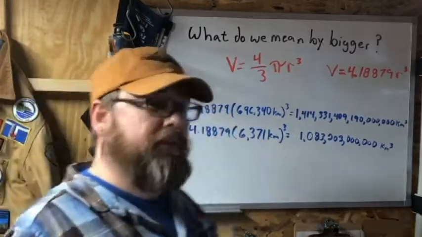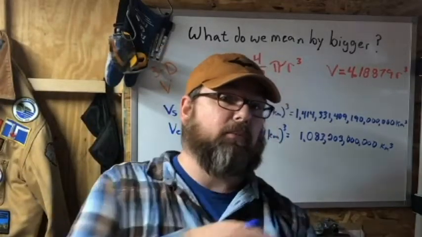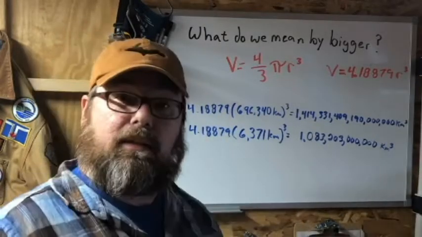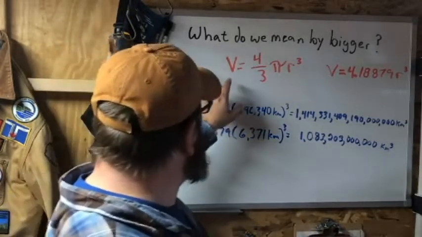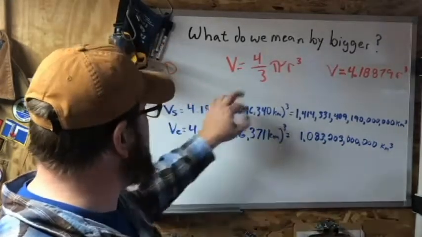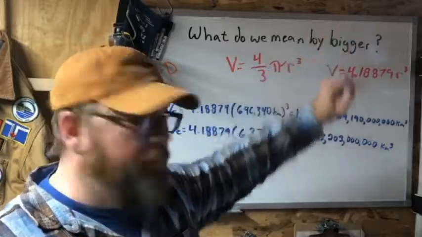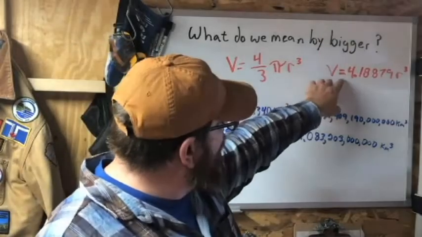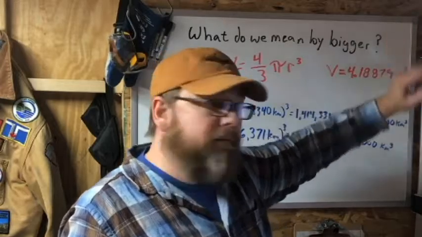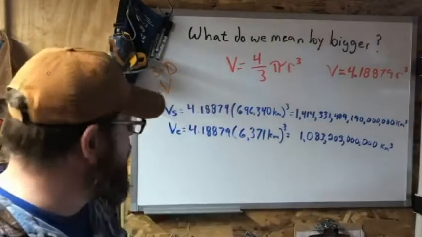I'm doing volume first because I'm going to do mass in 2 ways, but we need the volume from this one in order to do it. The mass will be the longest segment. But the volume of a sphere, because now I'm dealing with 3 dimensions, is 4/3 pi r cubed, or 4.18879 radius cubed. R is radius, always, sorry.